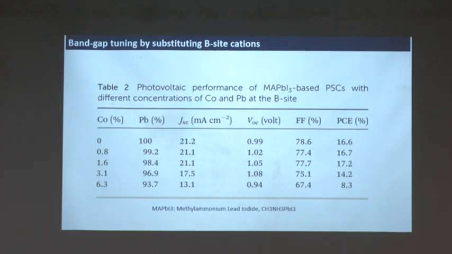Not so big, but it is necessary to understand why 1 and 6% of cobalt improves efficiency, not significantly, but it is 1 or more percent.